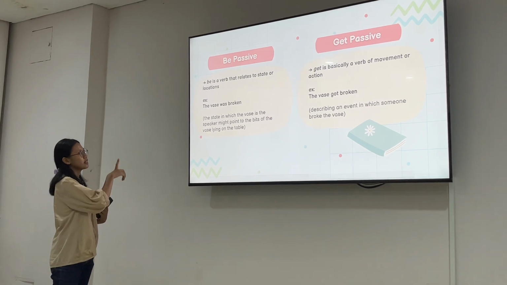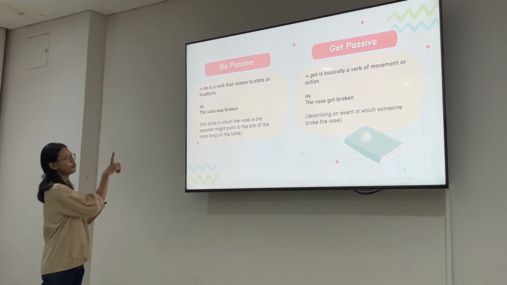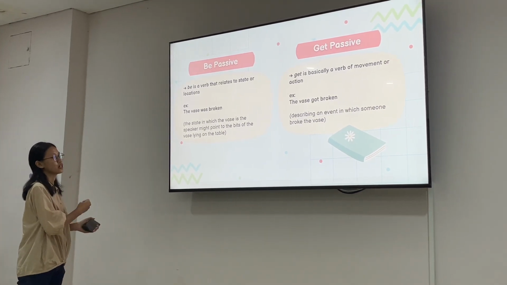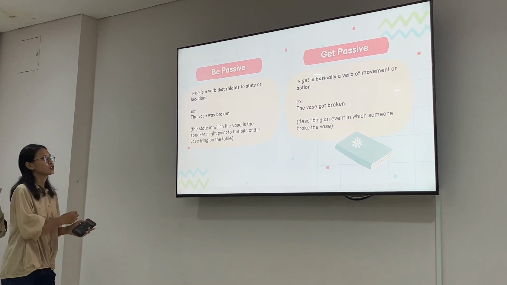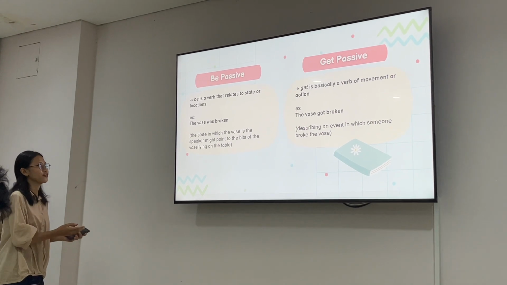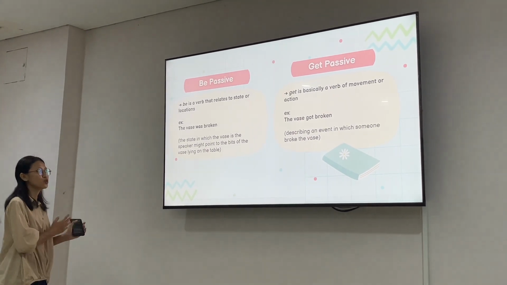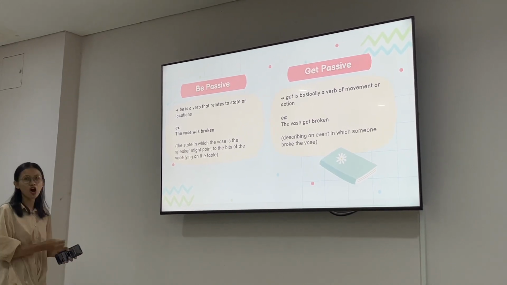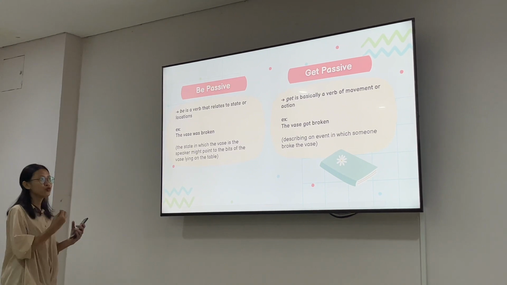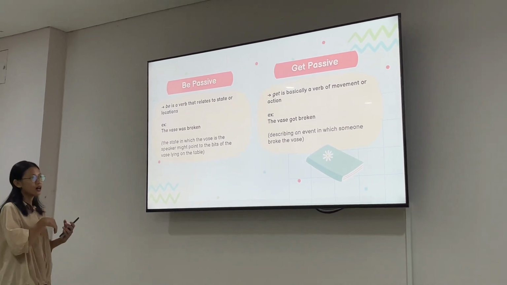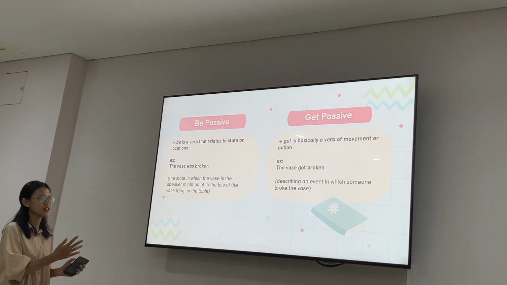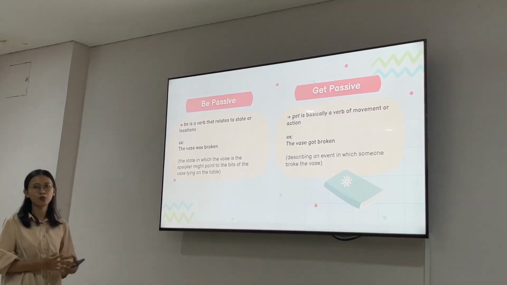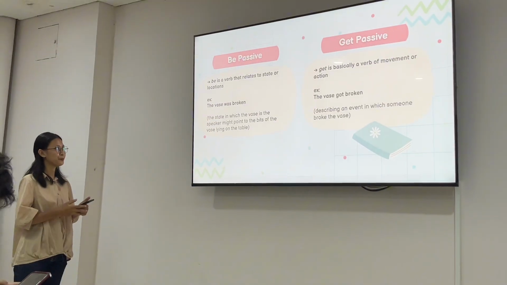The first example is the face was broken. So we use the be passive here, that is was. If we use be passive, it describes the state in which the face is, the speaker might point to bits of the face lying on the table. Meanwhile, if we use get passive, as in the face got broken, it will describe an event in which someone broke the face. Next.